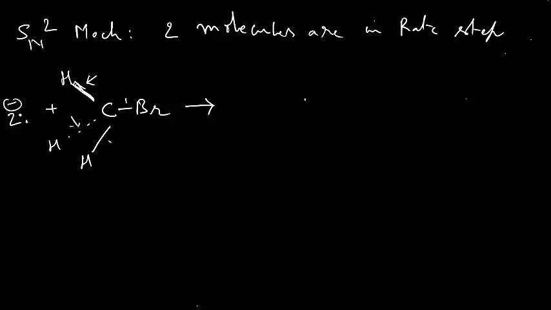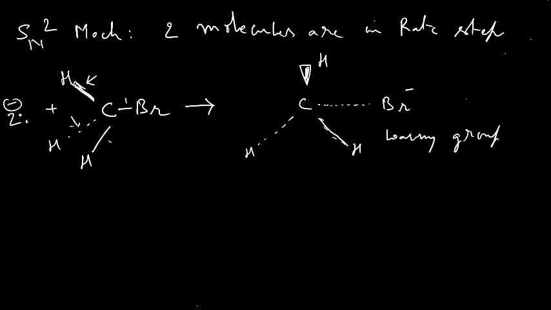Therefore the formation is in this manner. So this is a solid wedge hydrogen, this is a dotted line hydrogen, this is a normal hydrogen, and of course here we represent this dotted Br, this is the leaving group, whereas this is the attacking nucleophile.